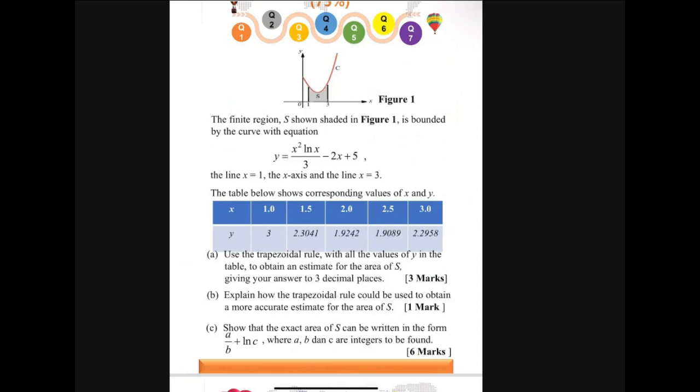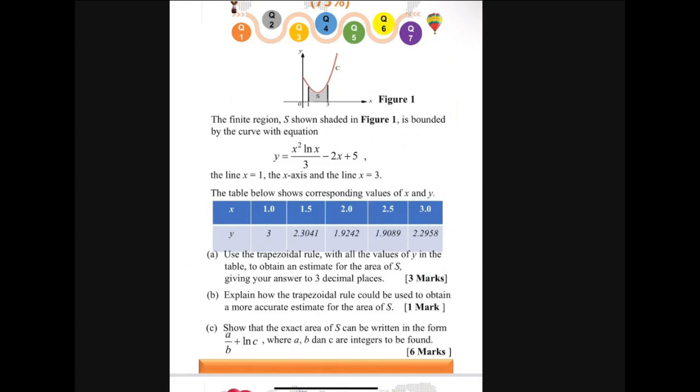In order to use the trapezoidal rule, most of the time we have to figure out the values of x and y based on the limits. But they already provide us with everything in the table, so you just have to use this table. But we don't have the h value, the width of our strips.